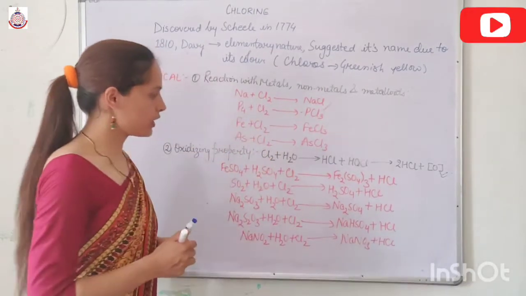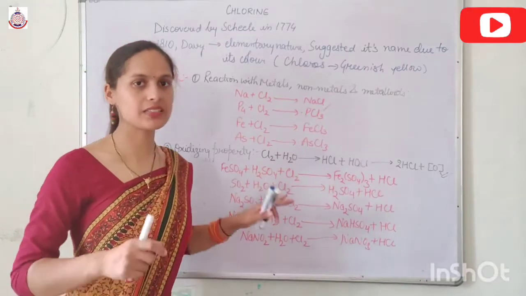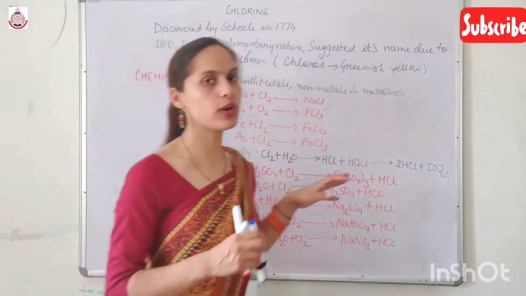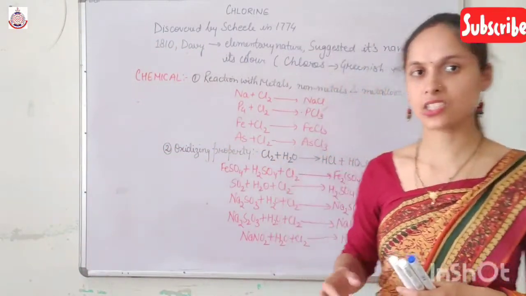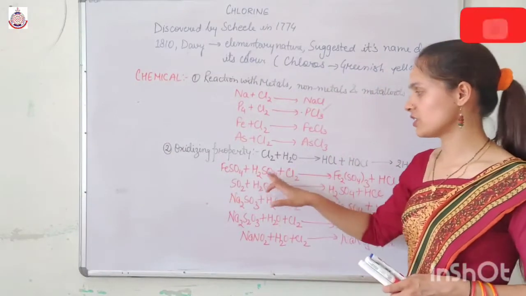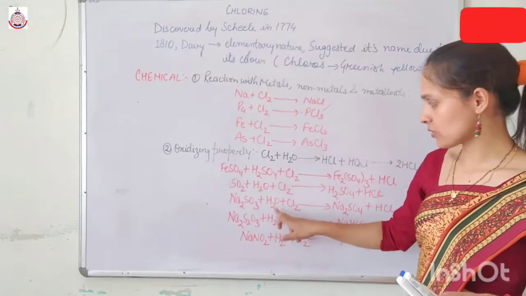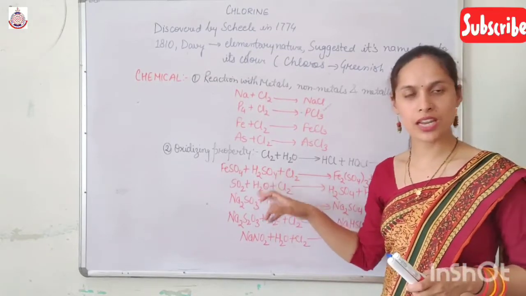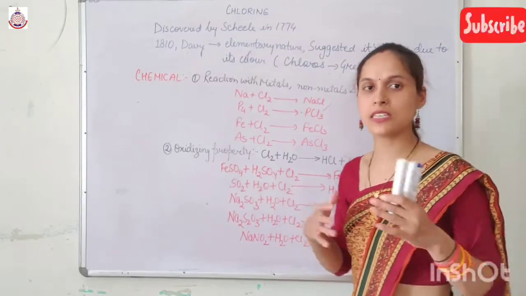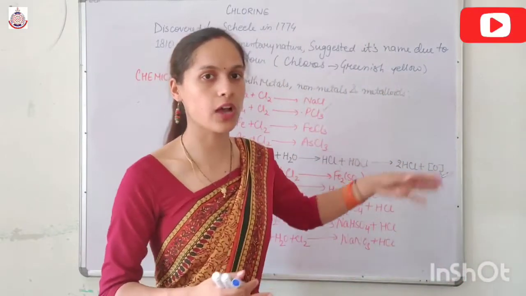So in all these reactions, it is clear that Cl2 acts as an oxidizing agent, and this oxidizing action is in the presence of moisture. In the last 4 reactions we have used water, but in the first reaction we have not used water, but it doesn't mean that this reaction is without water.